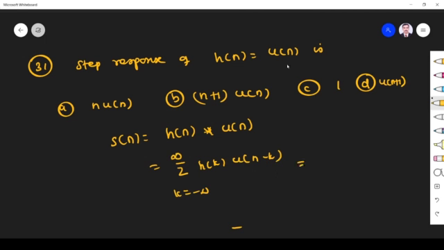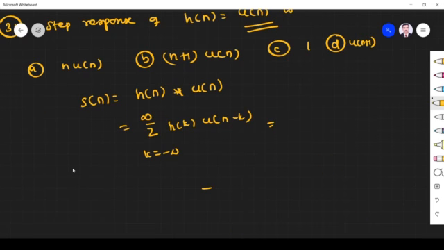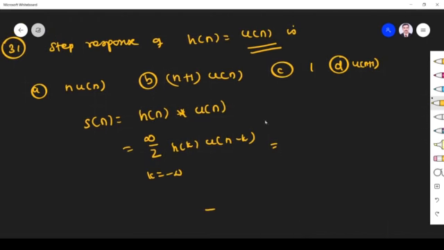Here h of n is equal to u of n. So h of k is u of k, which exists for k from 0 to infinity.